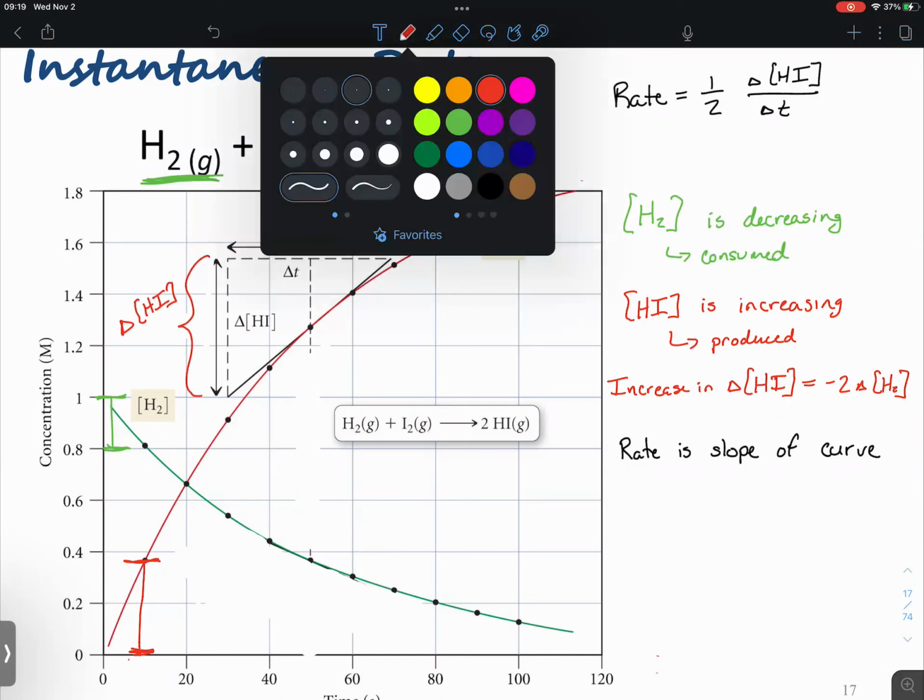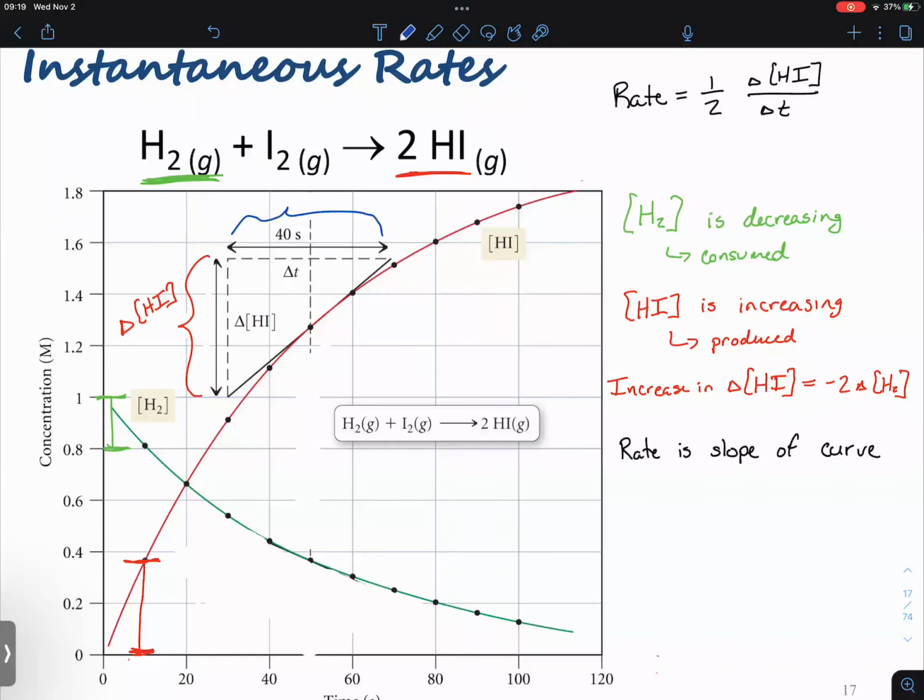And then I can measure how time is changing, that's that difference in that x-axis right there. So for each point along this curve, I can go through and measure the slope of the curve at that point, and that would give me the rate of this reaction.